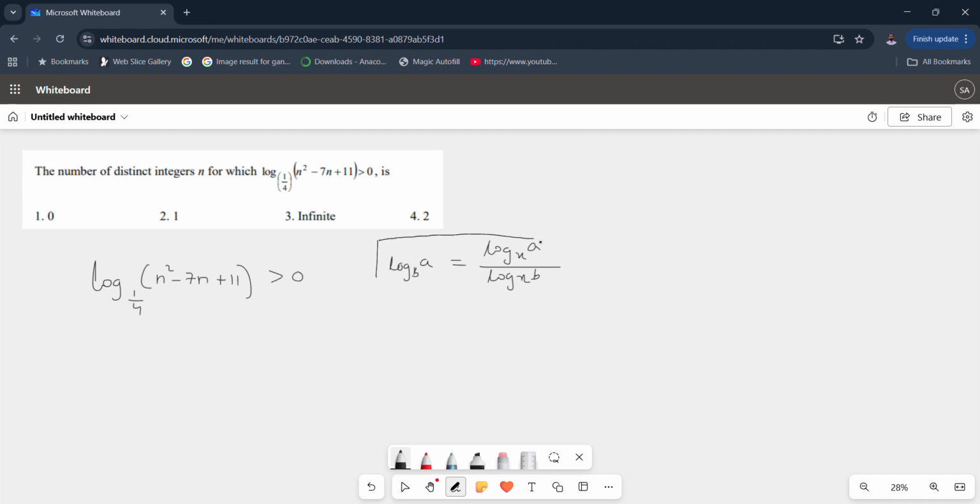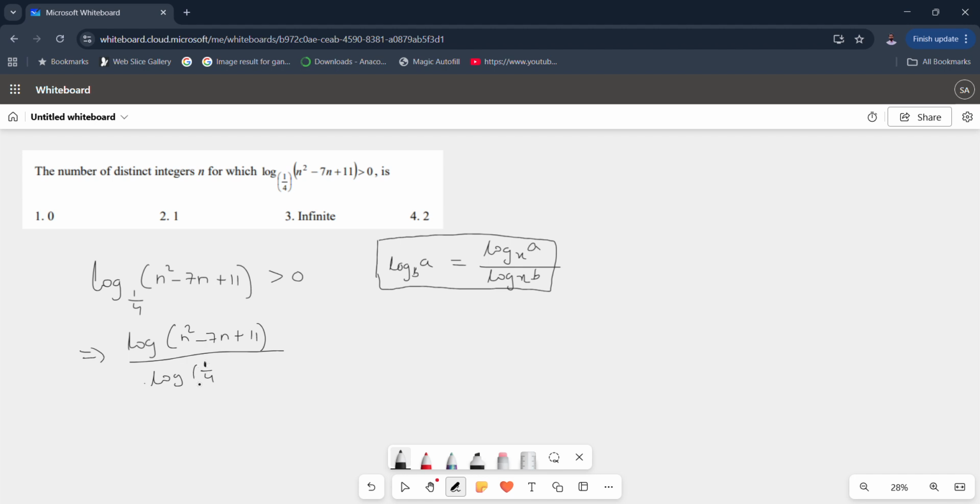So we're going to use this formula and try to derive. We have 1 by 4 here, so let's get rid of this base 1 by 4. This can be written as log of n square minus 7n plus 11 divided by log 1 by 4.